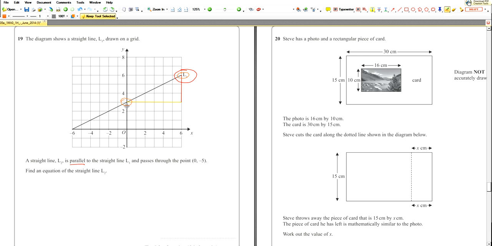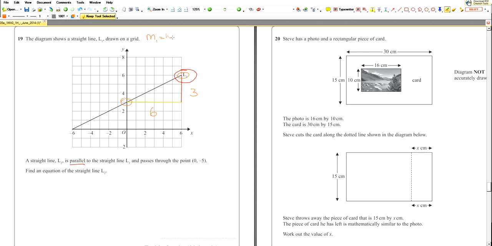On the bottom, from 0 to 6, the base is 6. The height goes from 3 to 6, so it is 3. To work out the gradient of line 1, we call it M1.